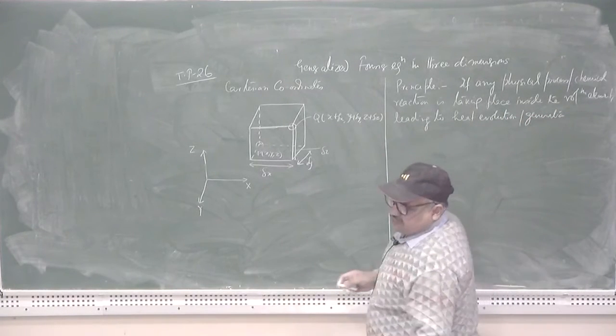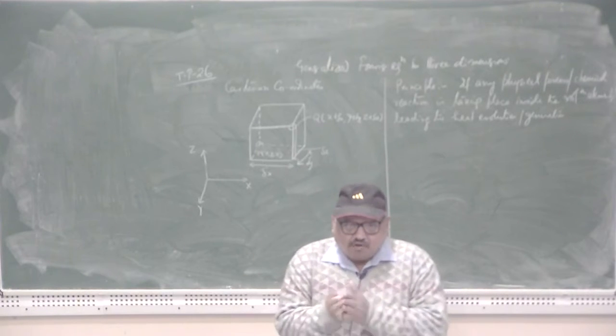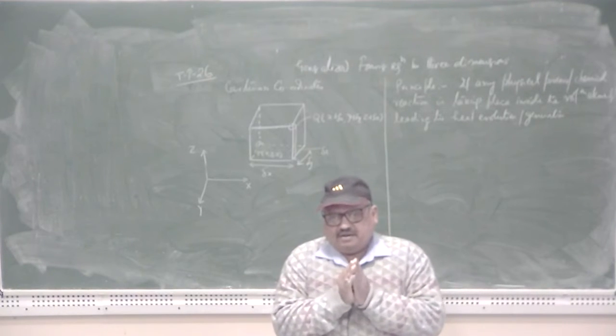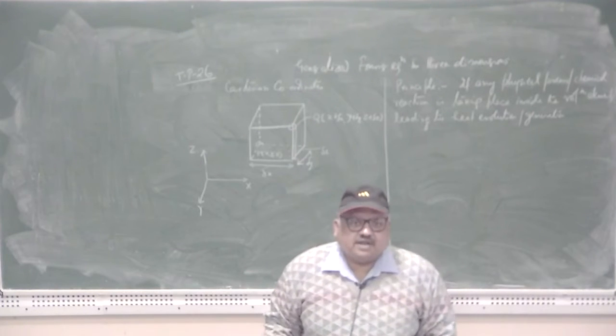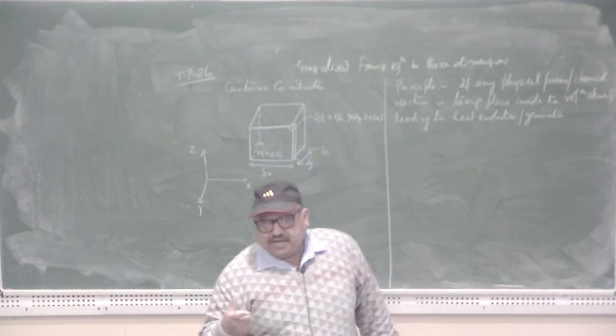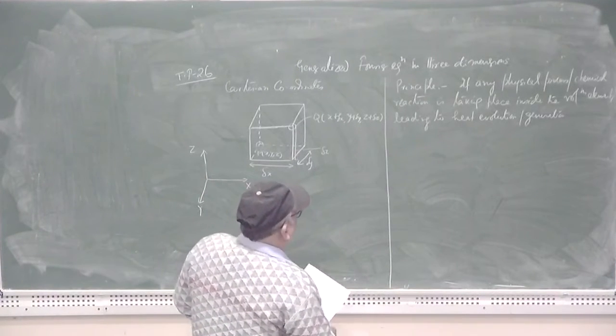That means, let us suppose an exothermic reaction is going on inside the volume element, or you are rubbing the two hands together to generate heat energy. These are examples of a chemical reaction or physical process which may lead to the evolution of heat. So, leading to heat evolution or generation.